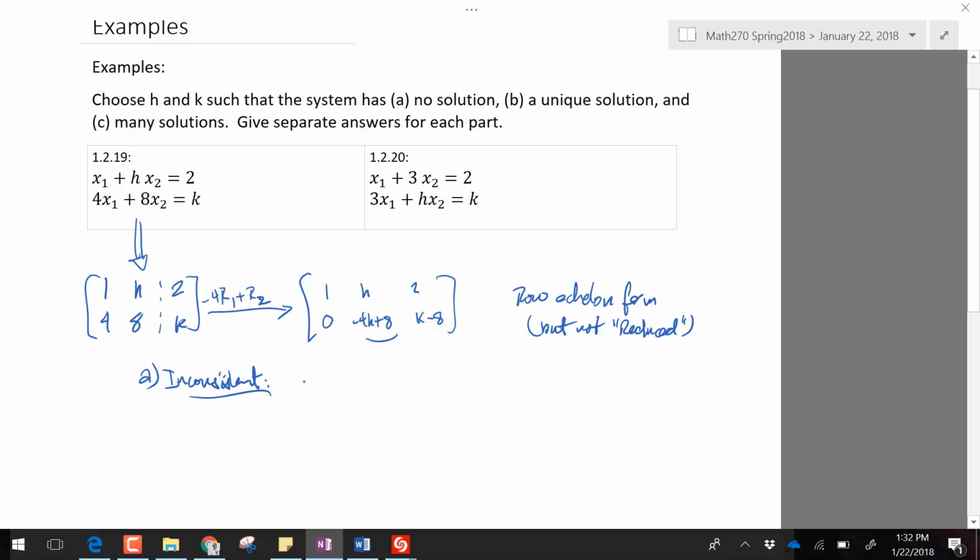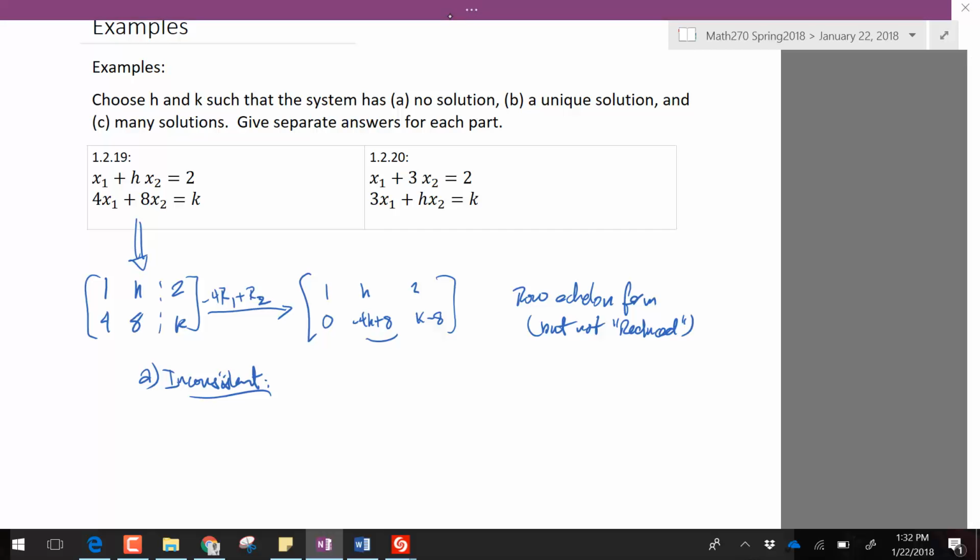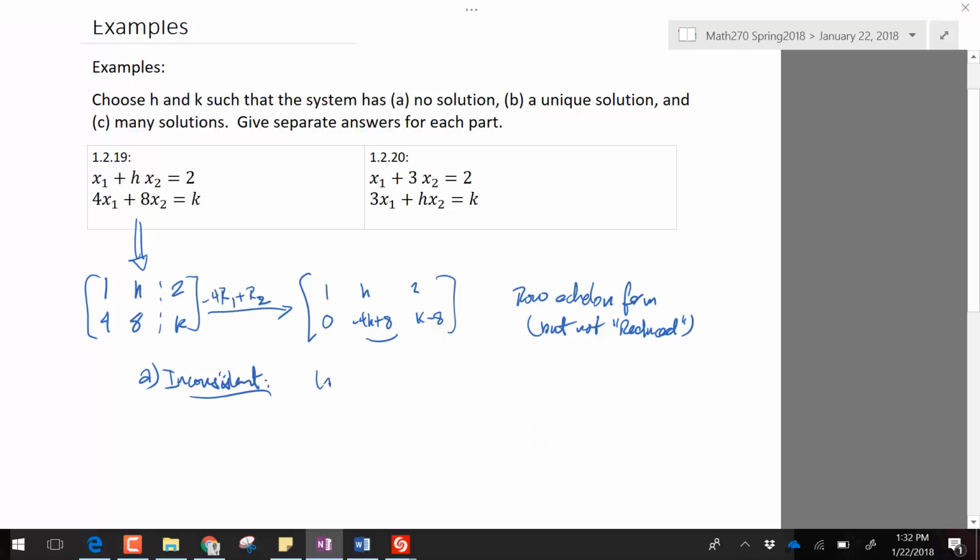Remember? So if we can get this to be 0, 0, and the augmented part is non-zero, then we can say that 0 is equal to something that's not equal to 0, so that's no solution.